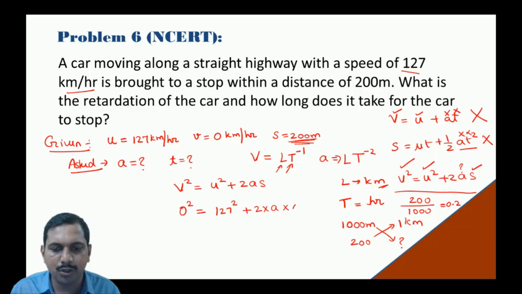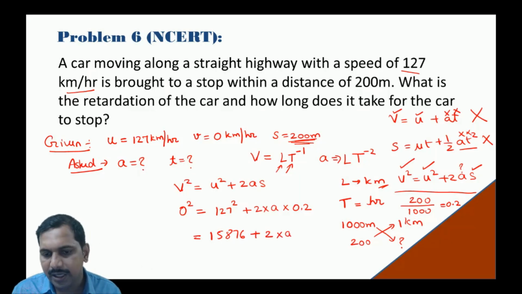So we are going to substitute 0.2 kilometers and solve. 127 square will come as 15876 plus 2 into a into 0.2. So we will put here 0.4, right? 2 into 0.2 is 0.4.